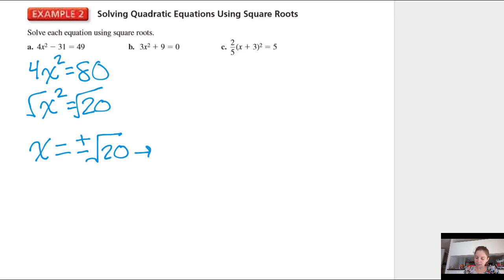Radical 20 is the same as radical 4 times radical 5. And the square root of 4 is 2. So I can rewrite the square root of 20 as 2 square root 5. And that's in simplified form, and I should represent it in simplified form. So therefore, x is equal to plus or minus 2 square root of 5.